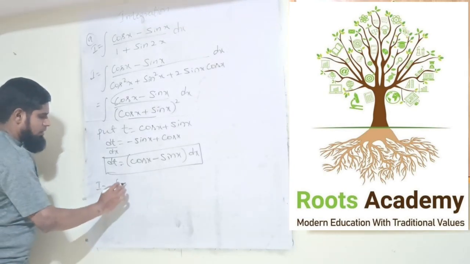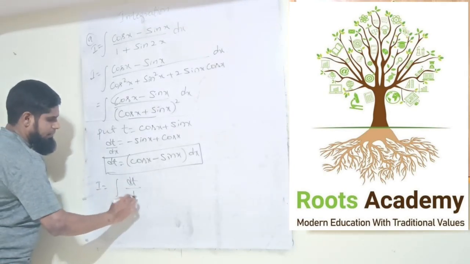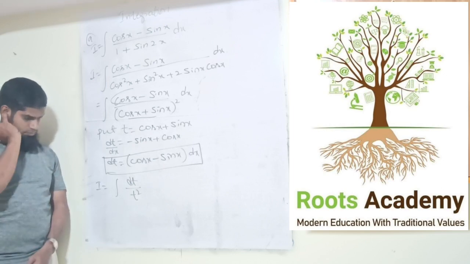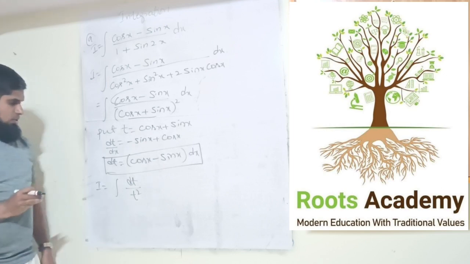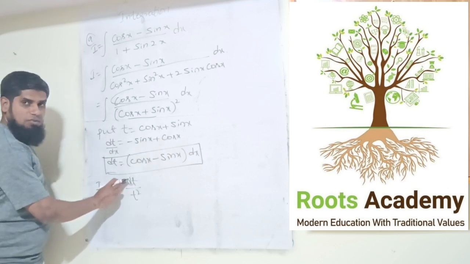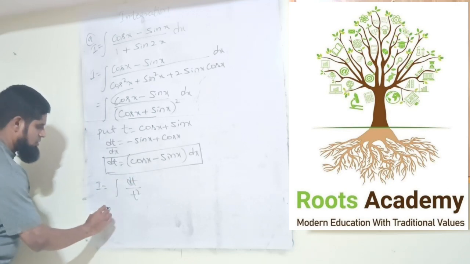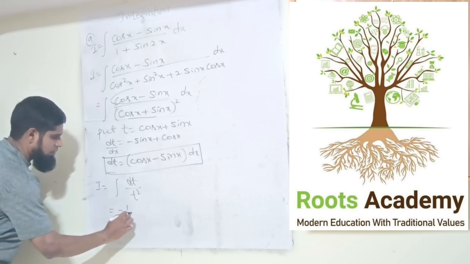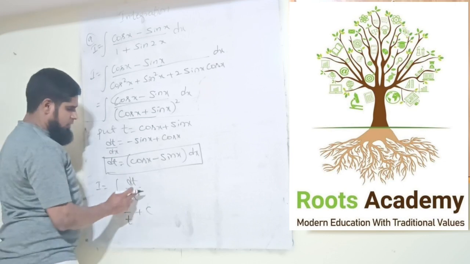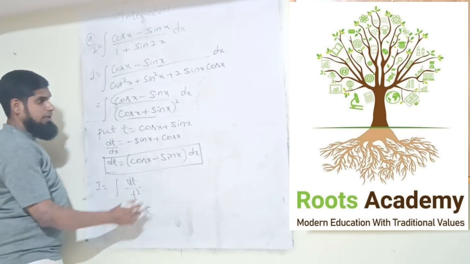Therefore our integral becomes dt by t square. So its integration, the integral of 1 by t square, is minus 1 by t plus c. How is the integration of 1 by t square minus 1 by t?